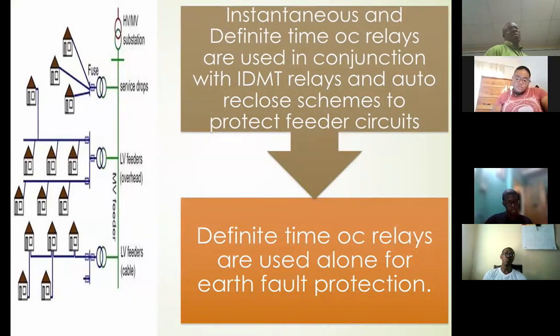And by feeders, we are now moving from the transmission to the distribution side of things. But although I make the statement, I still want to underline the fact that in terms of use within the power system, what you are going to see is primarily inverse relays. All right?